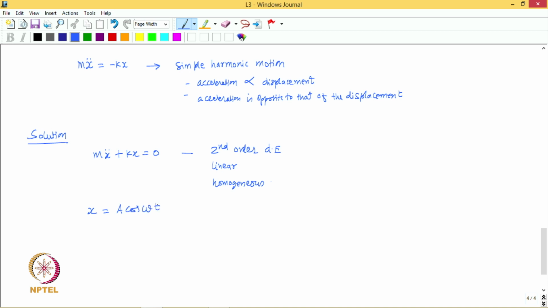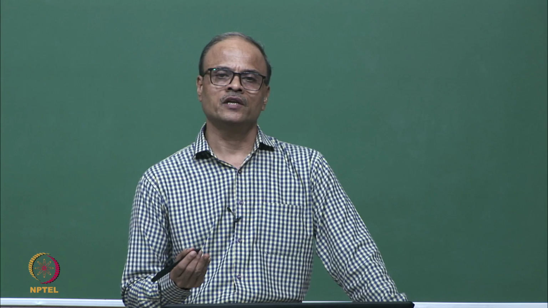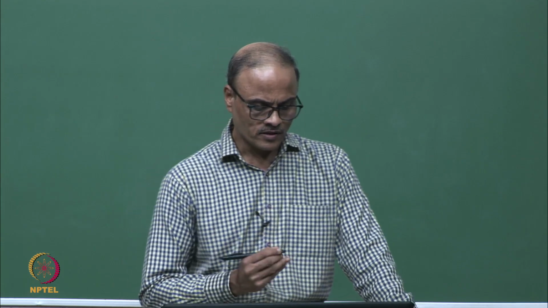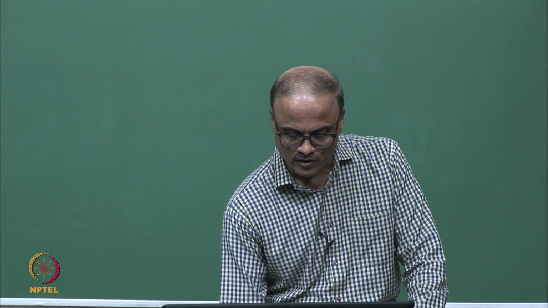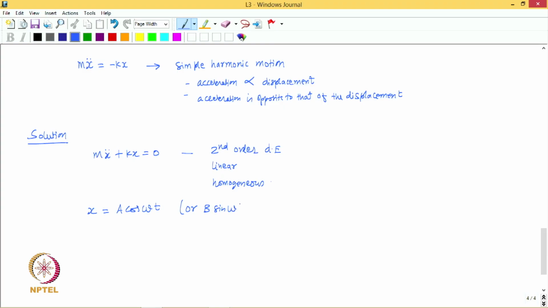Cos and sine functions basically represent simple harmonic motions, and hence the solution is either a cos omega t, or we can also say another possibility, b sin omega t, where omega is the frequency of the simple harmonic motion. So the coefficient of t refers to the frequency of the motion.